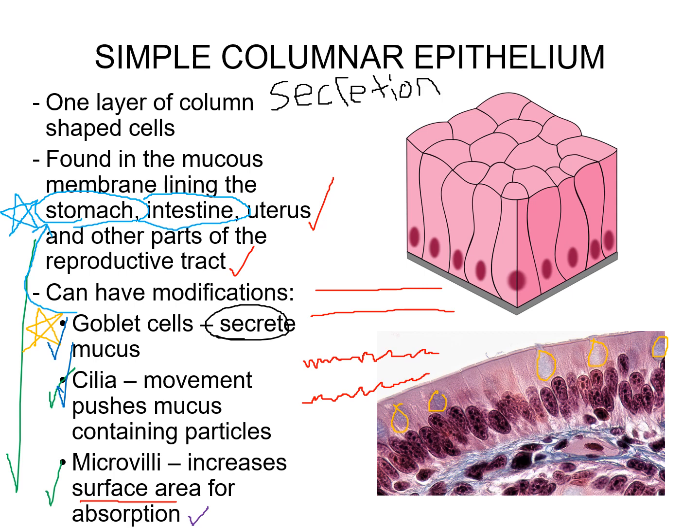And then with the microvilli, especially in the intestines, it's going to help with absorption. So we're secreting stuff, we're spitting stuff out of the cell, but we're also bringing stuff into the cell. I'm just going to put absorb to save time. So secretion and absorption, main functions for simple columnar epithelium.